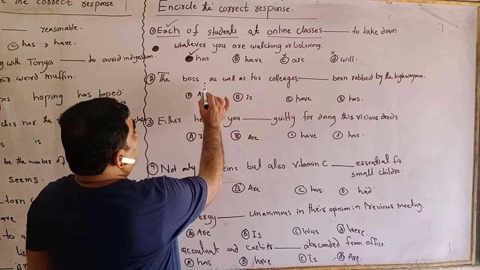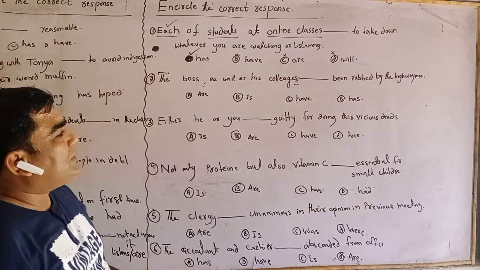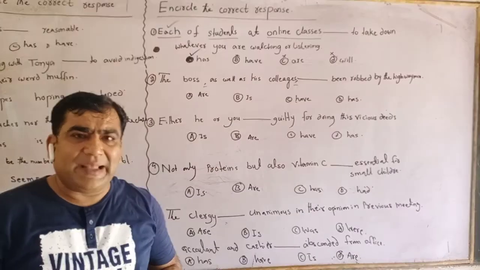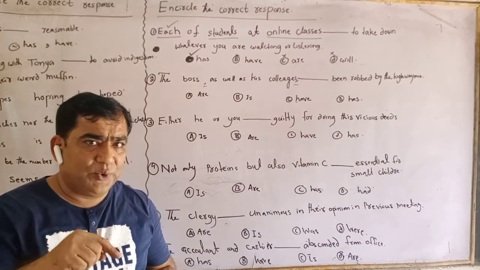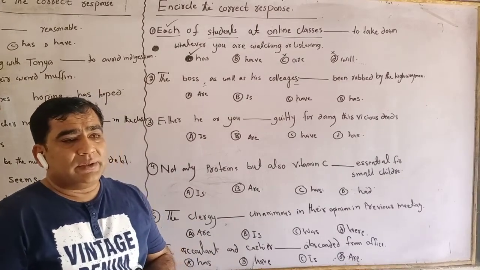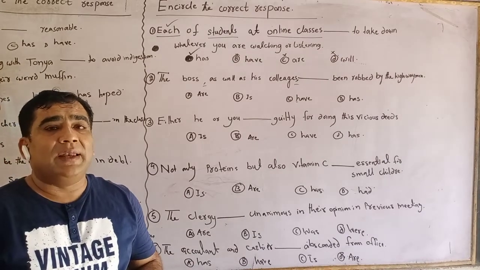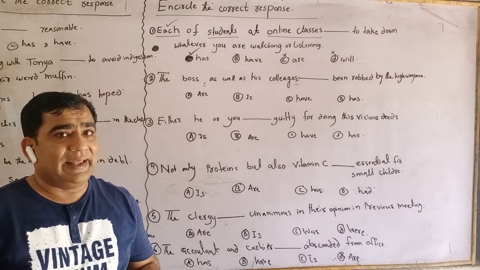Coming to the second MCQ: the boss as well as his colleagues. Sometimes these commas are not even mentioned in the sentences, but whenever we read such sentences, we make a parenthetical order, as I told you in the previous lecture.